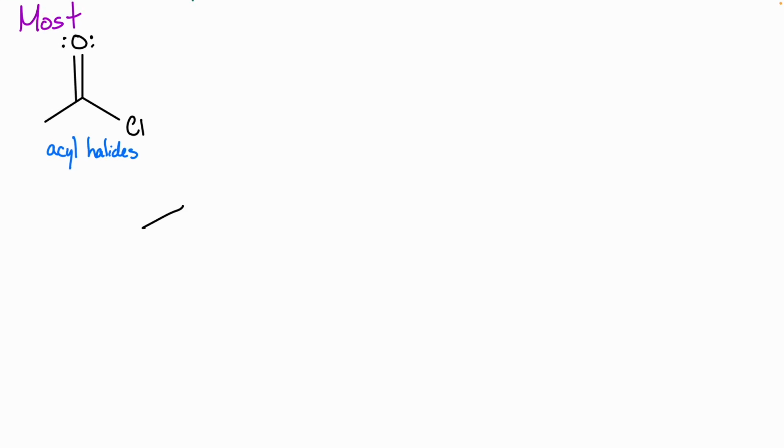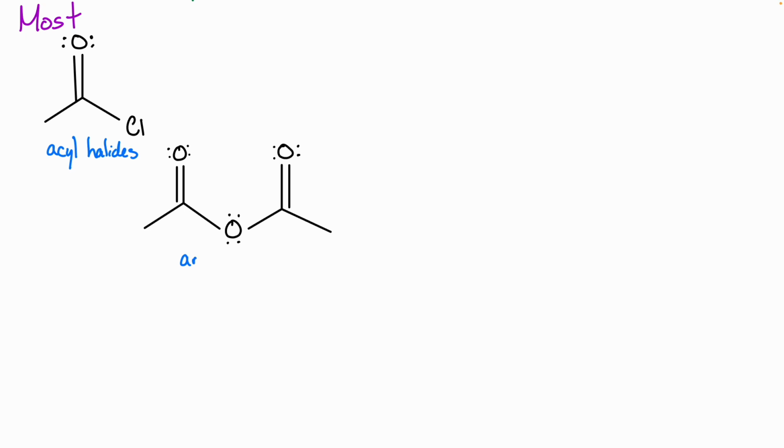All right, the next one is what's called an acid anhydride. Also a very reactive carboxylic acid derivative where you have these two carbonyls linked with this oxygen in between.